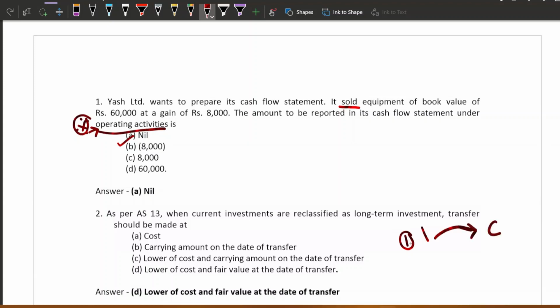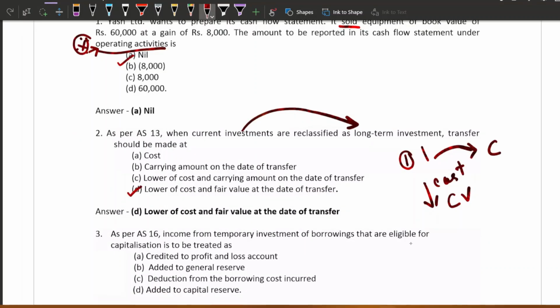In this case, investments are transferred at an amount which is the lower of cost and carrying value at the date of transfer. The second case is where current investments are reclassified into long-term investments. In this case, the investments are transferred at an amount that is the lower of cost and fair value at the date of transfer.